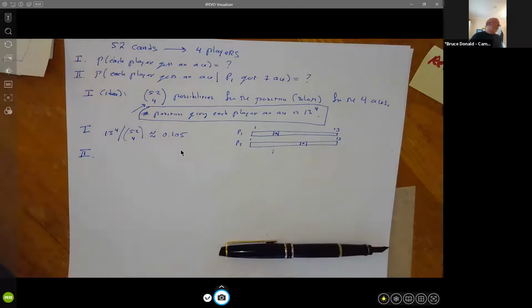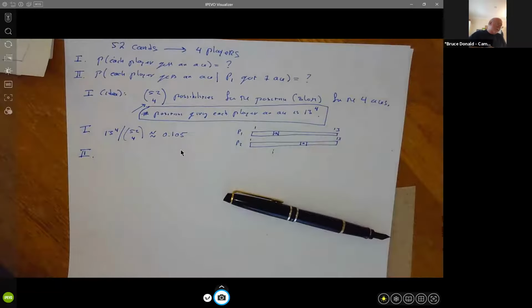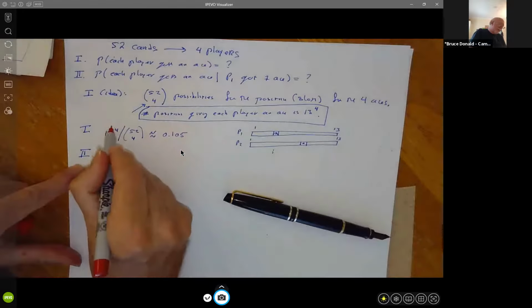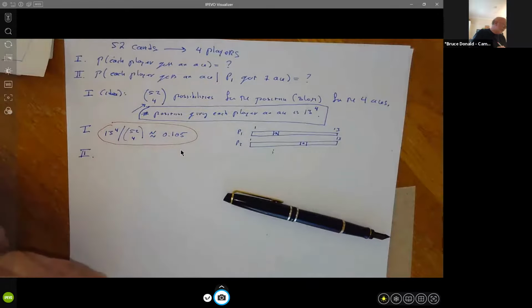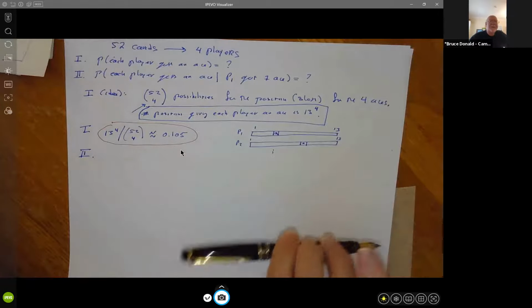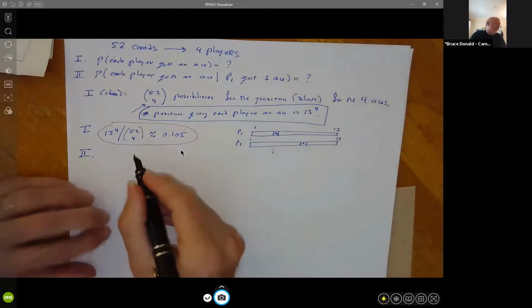So after you have a single ace, the probability of everyone getting an ace has to go up, right? Because there are a lot of possible worlds in which you didn't have any aces at all. And you ruled those out by having a single ace. So the previous answer, by which I mean the answer to number 1 here, needs to be revised. In other words, we need to divide the previous answer by the probability that you, player 1, get a single ace.